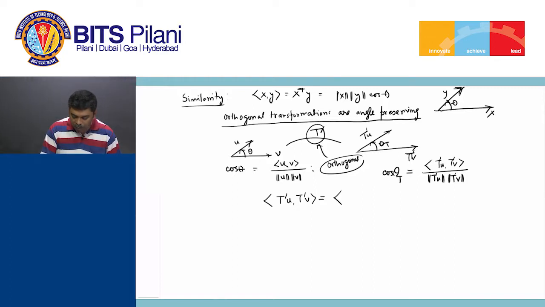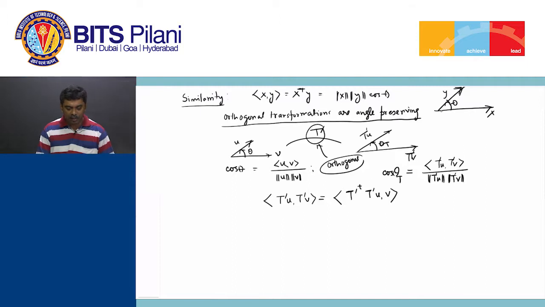Now, according to the rule of inner product, I can write t dash transpose t dash u comma v. This is a standard rule of inner product. You must have seen this in linear algebra already. What do I know about this though? Look, I said that t dash is orthogonal, right?